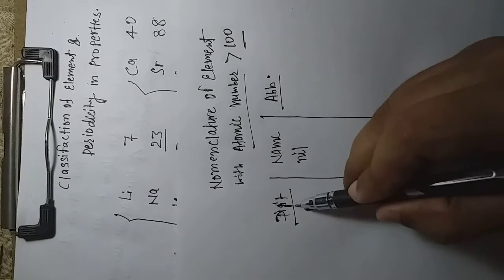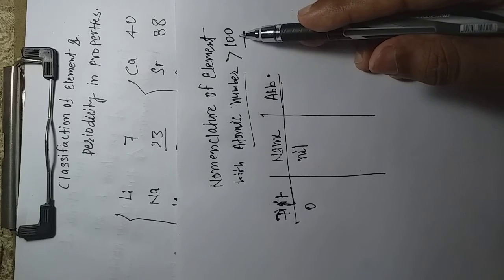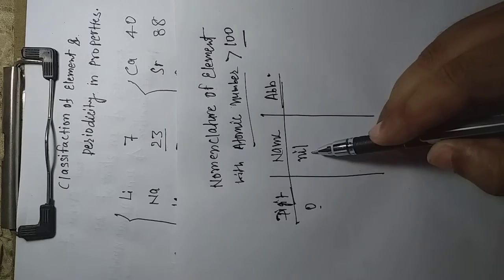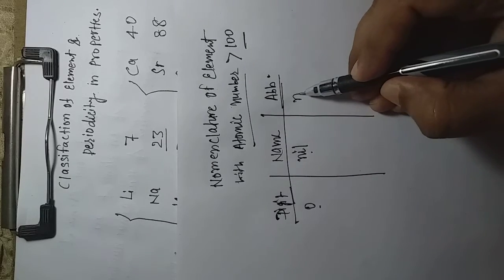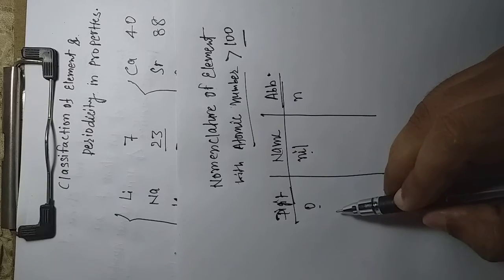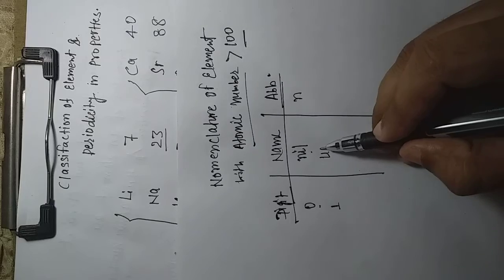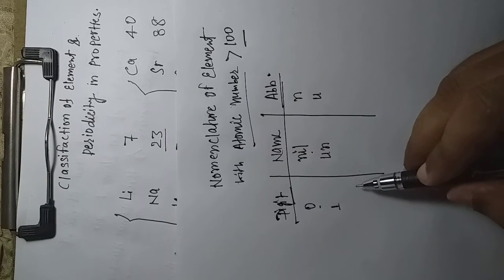It helps a lot in finding the name of an element with atomic number more than 100. So if you find a 0, its name is nil and abbreviation is small n. Next is 1, its name is un and the symbol is u.